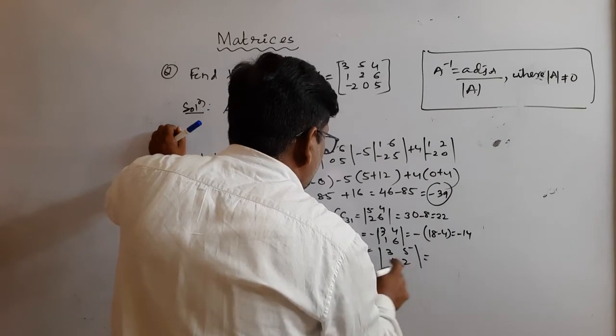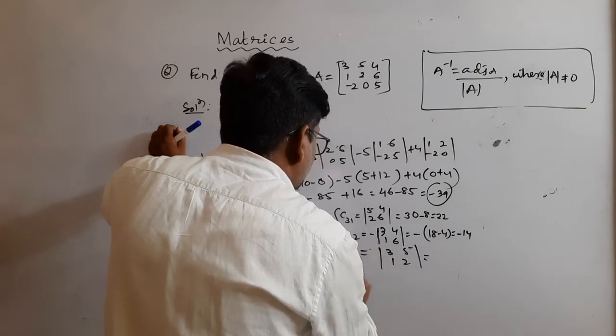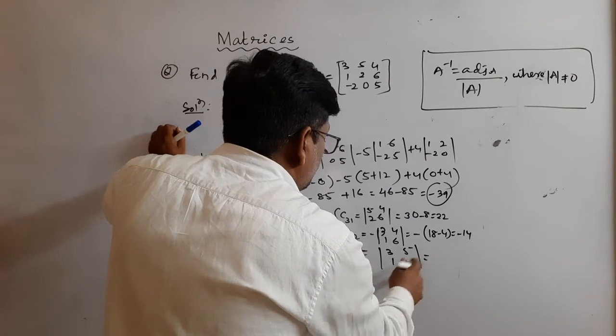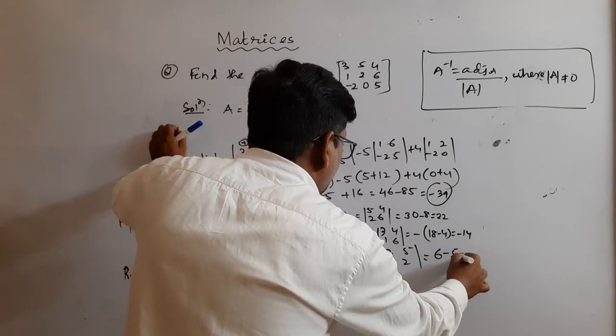Since 3 plus 3 is 6, even, the sign is plus, so 6 minus 5 is 1.